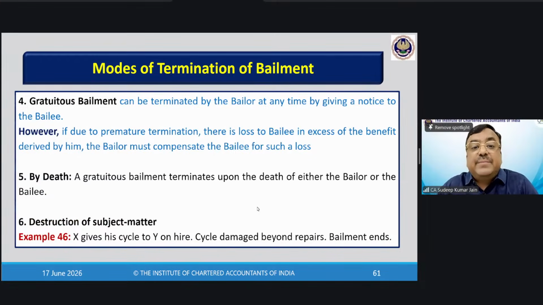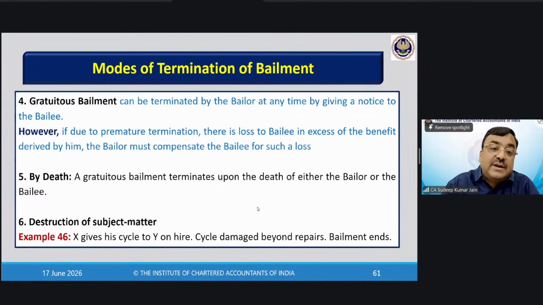Gratuitous bailment can be terminated by the bailor at any time by giving a notice to the bailee. However, if due to premature termination, before the due date, there is loss to the bailee in excess of the benefit derived by him, the bailor must compensate the bailee for such a loss. By death: a gratuitous bailment terminates upon the death of either the bailor or the bailee.